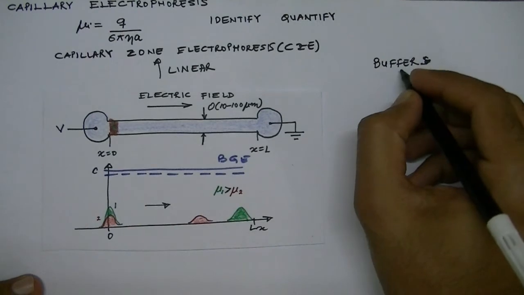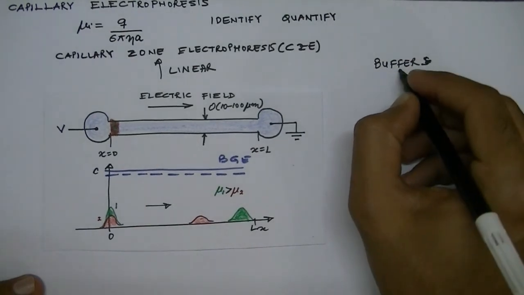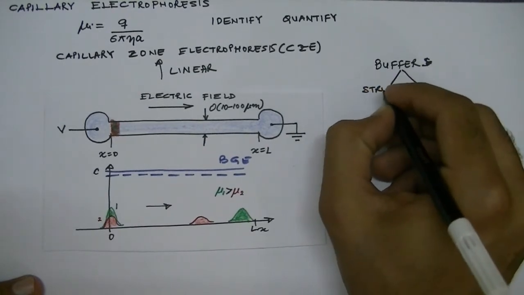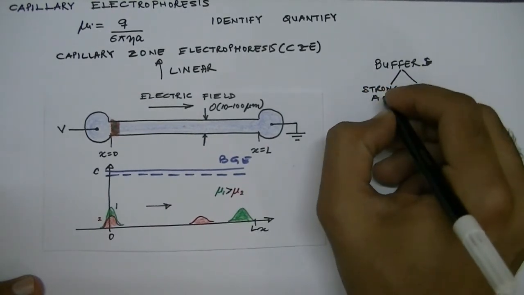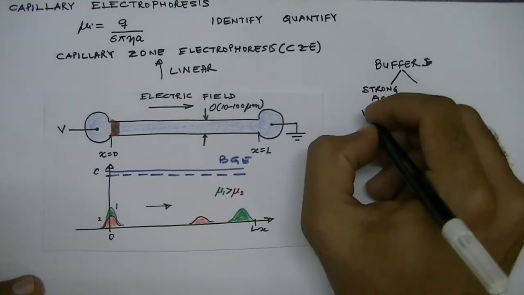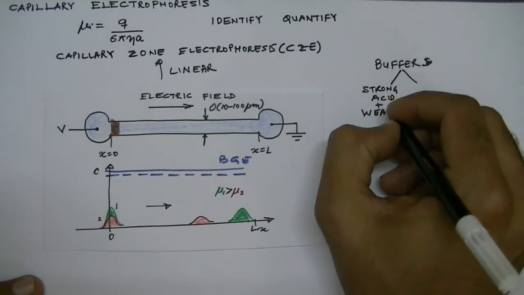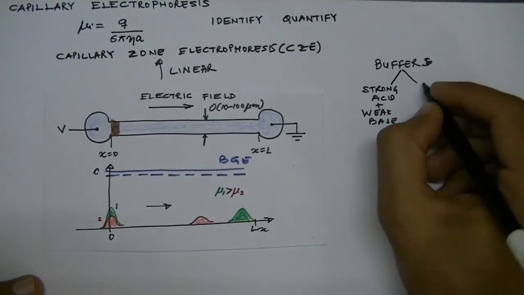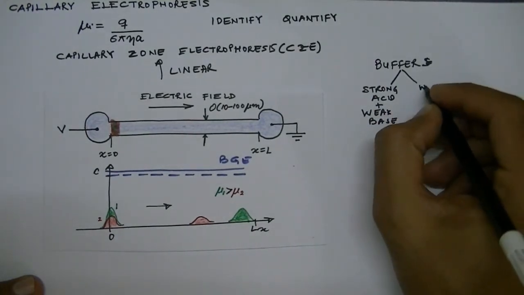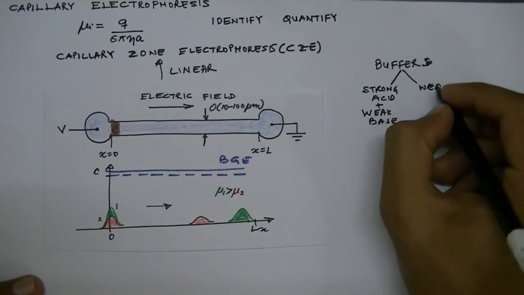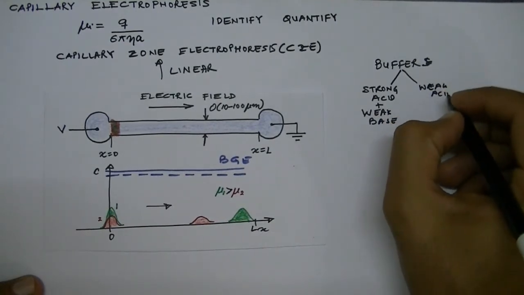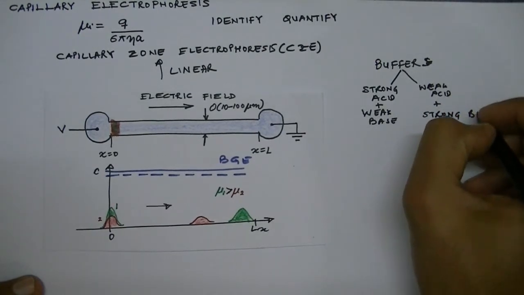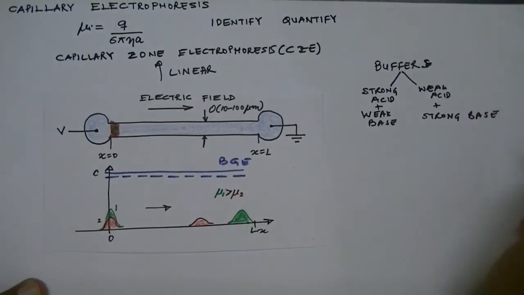You can make this electrolyte buffer by having a mixture of strong acid plus weak base, or otherwise you can have a weak acid plus strong base.